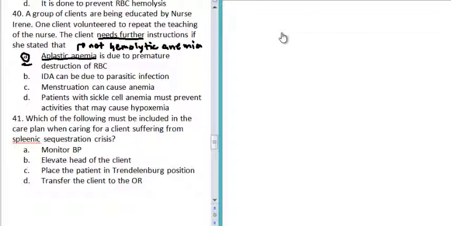Premature destruction of RBC is the definition of hemolytic anemia. Like I said, there are only three hemolytic anemias: sickle cell anemia, thalassemia, and G6PD deficiency. All of these are correct. B, C, and D are all correct. Next.